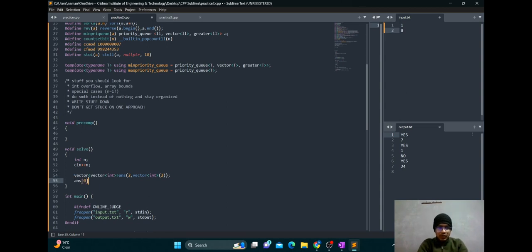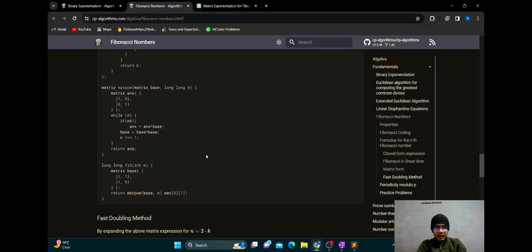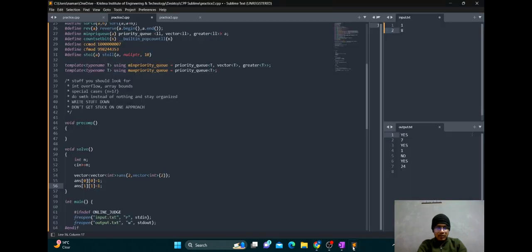Answer of 0, 0 equal to 1, and answer of 1, 1 is also 1. As you can see here, it is the identity matrix. I have done the same thing here.